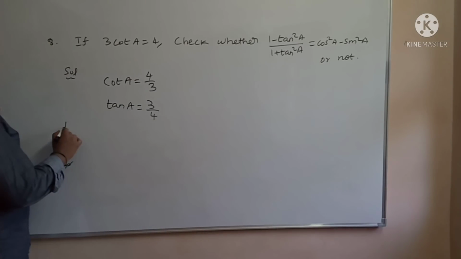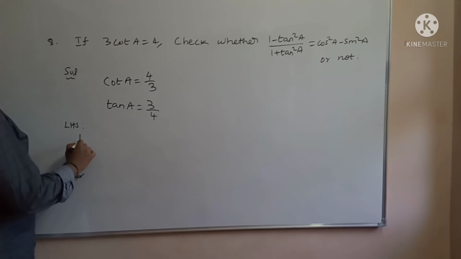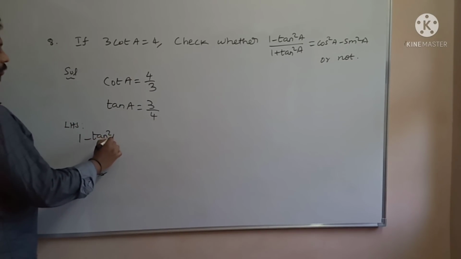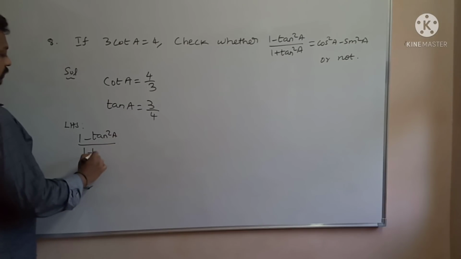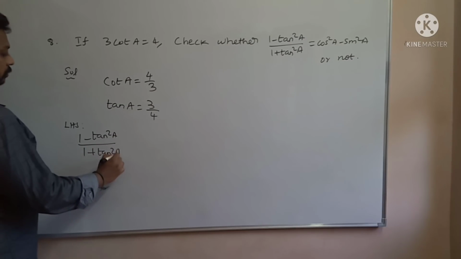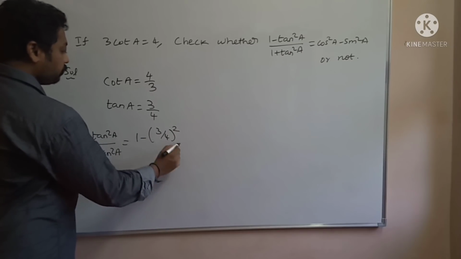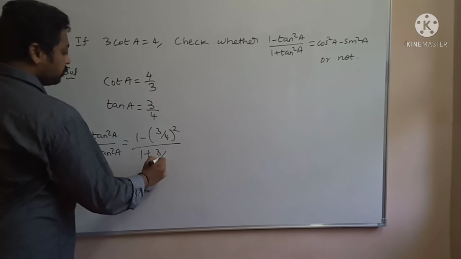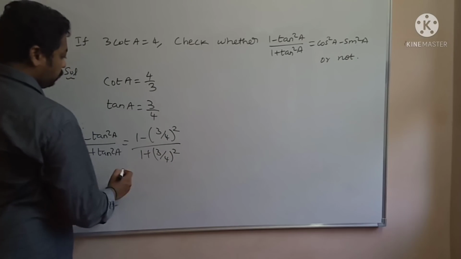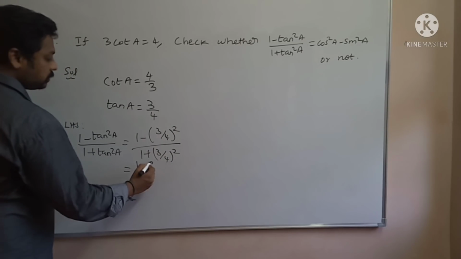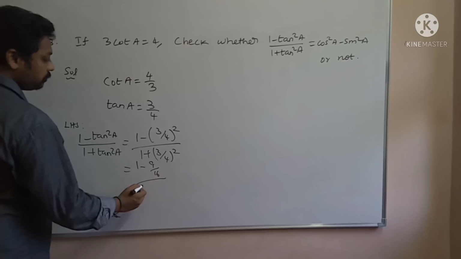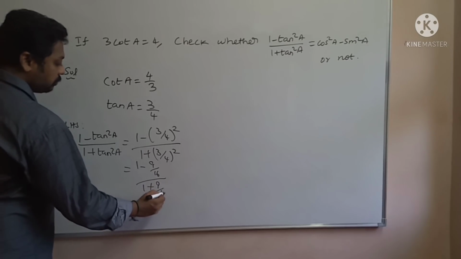LHS is 1 minus tan square A by 1 plus tan square A. So that is equal to 1 minus 3 by 4 whole square by 1 plus 3 by 4 whole square. So 1 minus 9 by 16 whole divided by 1 plus 9 by 16.